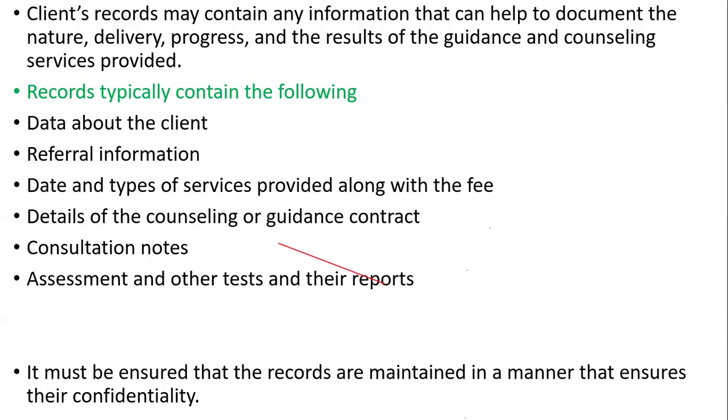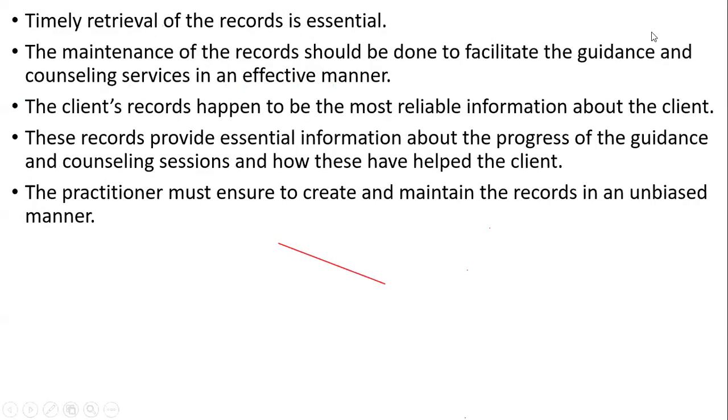Then consultation notes, then counselor's notes, assessment and other tests and their reports. So what kind of tests they have done and their reports, results, all these things are there. Then at the end, it was mentioned that confidentiality of the information should be maintained. We should not reveal it to anybody. Okay. Read the next one.